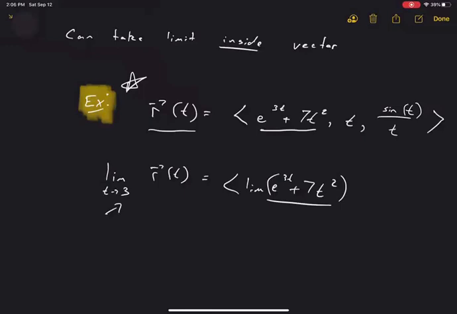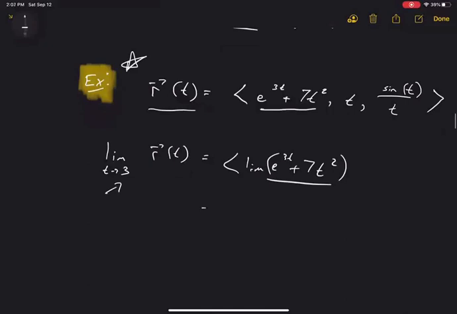Well, as t goes to 3, since these are continuous functions, I can just plug my number into my functions. So basically I plug 3 in here for t. That only works because this is a continuous function.